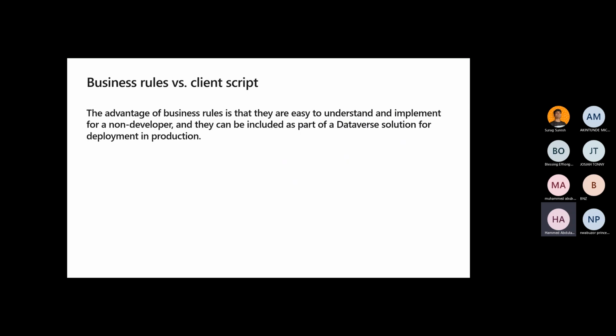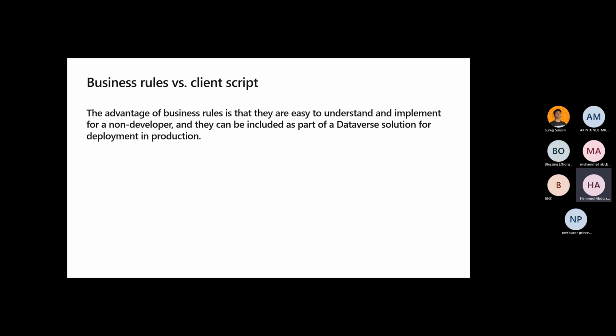Now let's look at the business rules and client scripting. One of the advantages of business rules is that they are easily understandable and can be implemented within the model-driven apps, even not as a developer, for example, right? So we can use the business rules to achieve some kind of logic within your app.